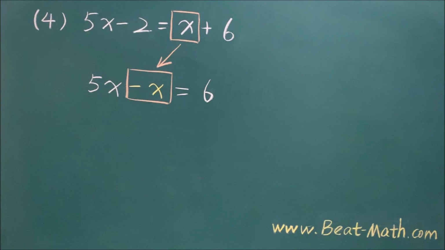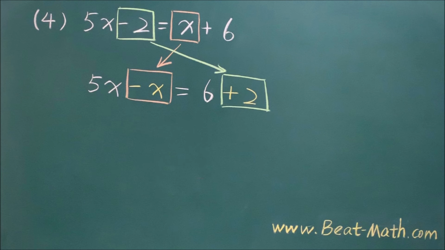Then we transfer negative 2 to the right side and get 2. The equation turns into 5x minus x equals 2 plus 6. Combine these terms and we get the equation 4x equals 8. Divide both sides by 4 and the final solution is x equals 2. Using this method makes it much easier, right?